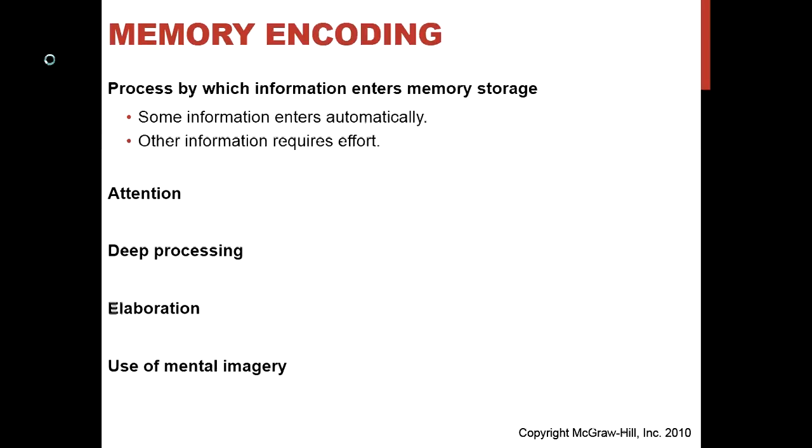Okay? Now, when we talk about memory encoding alone, we're talking about the process by which information enters our memory storage. So how does that information actually get into our brain? Some information enters automatically, whereas other information requires some effort. The automatic information might be stuff that's very easy for us to learn.